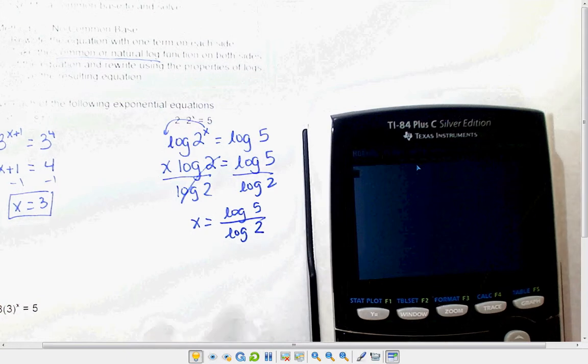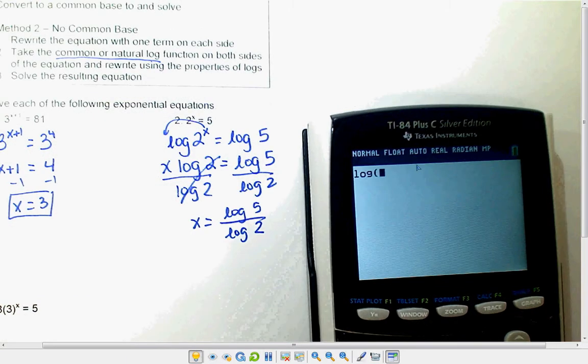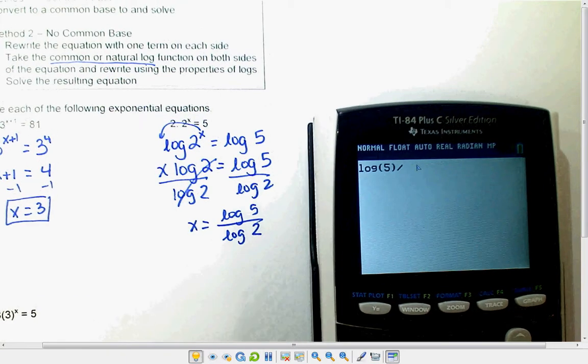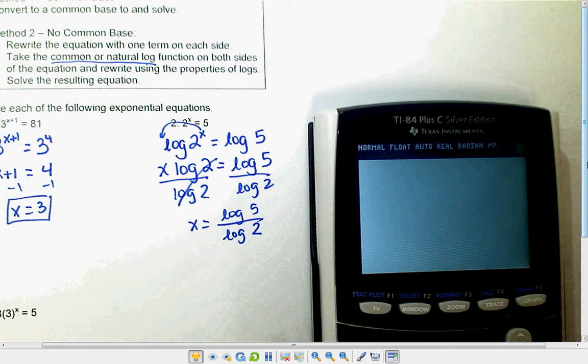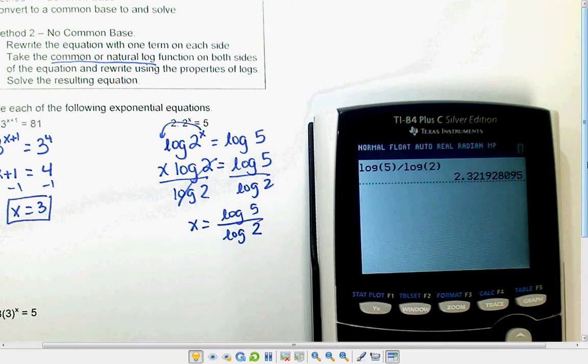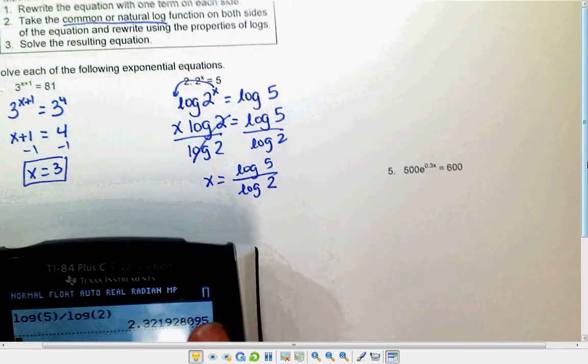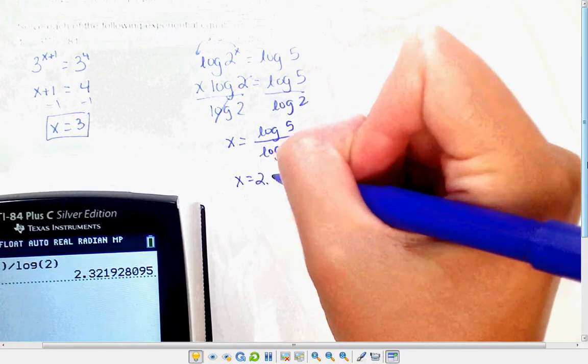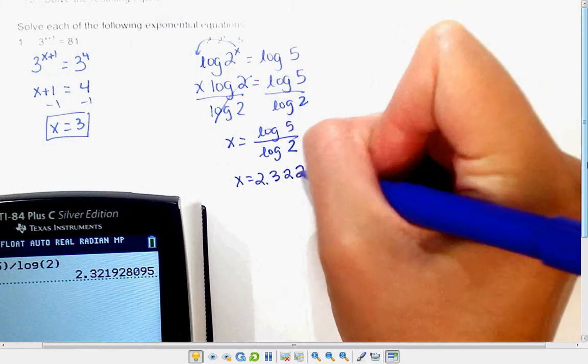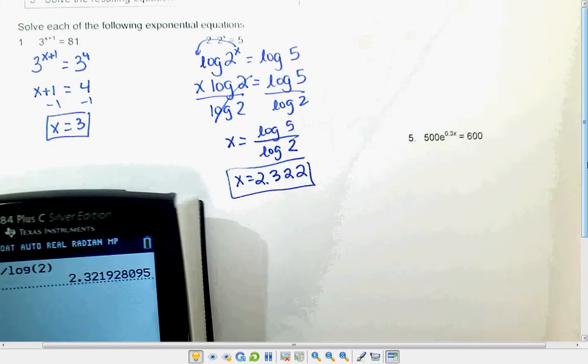So in your calculator, we're just going to type in log 5 divided by log of 2. Press enter. And we're going to round to 3 decimal points. So for number 2, our answer is x equals 2.322. And that's our final answer.